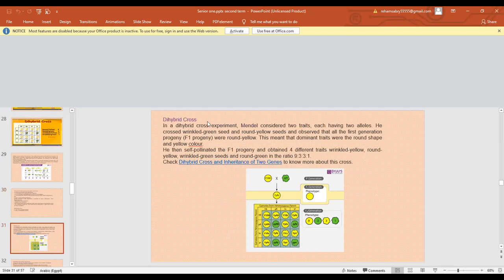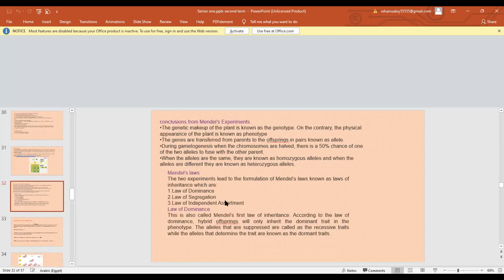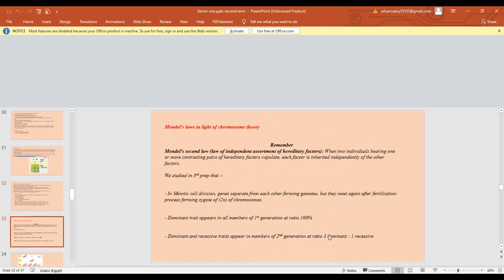And the dihybrid cross, which is two different characters, it was found that the first generation was 100% the two dominant characters, while in the second generation the ratio was 9:3:3:1. Okay, and this is Mendel's law of segregation.